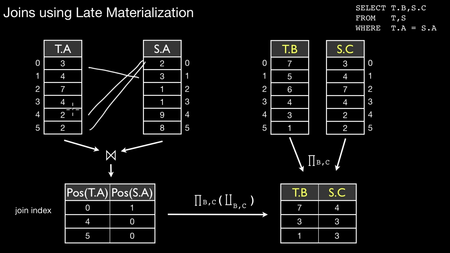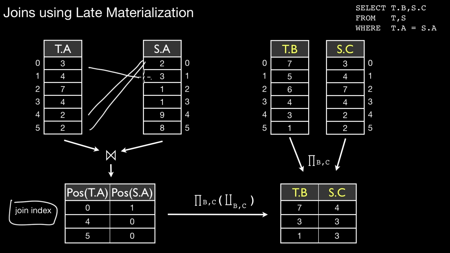Only 3 tuples, and we can keep that information in a structure that's called a join index. That's what's being computed here. So basically here we have pairs of row IDs. This means in relation A, the tuple with row ID 0 matches the tuple with row ID 1 in relation S. That is what is shown by this edge.